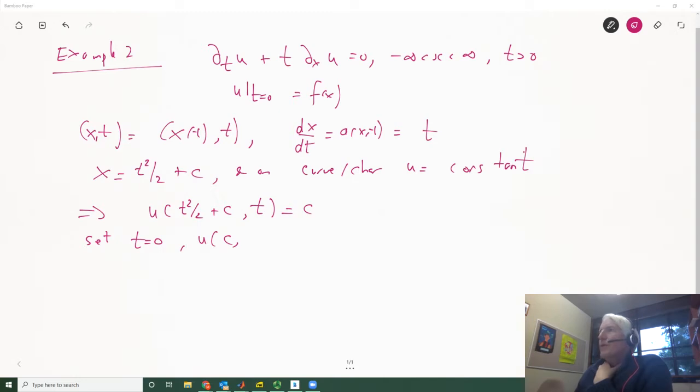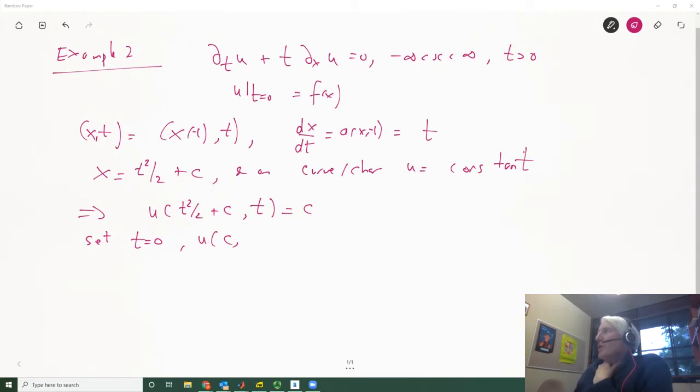From here, when I rearrange this equation, I have c is x minus t squared over 2. So I get u of x comma t must be equal to f of c, which is equal to f of x minus t squared over 2.